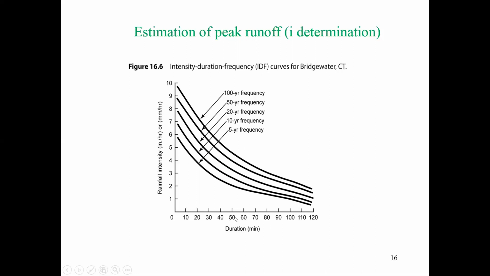Once we know the time of concentration, we can get the rainfall intensity. The reason this curve is called the intensity duration frequency curve is that this is the intensity I, that is the duration D, and those are the frequencies. And for each area, they develop intensity duration frequency curves, so based on the area, we can have different types of IDF curve.